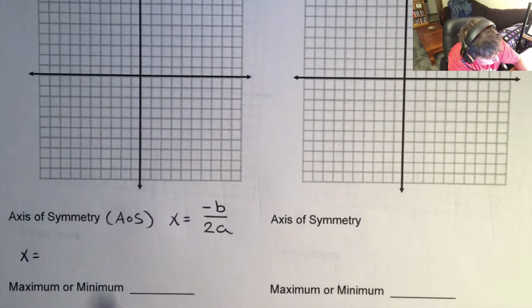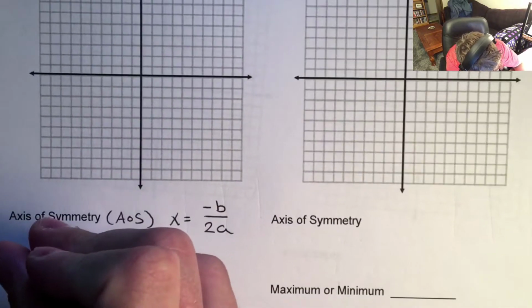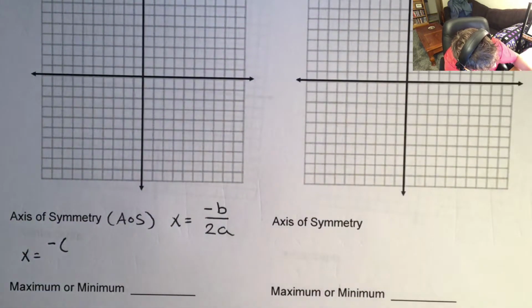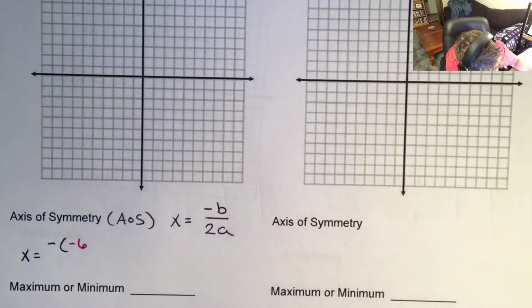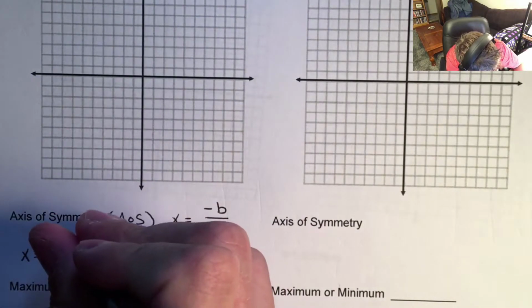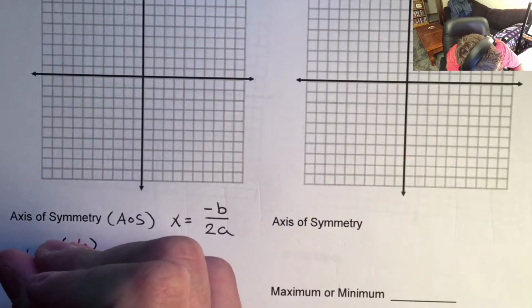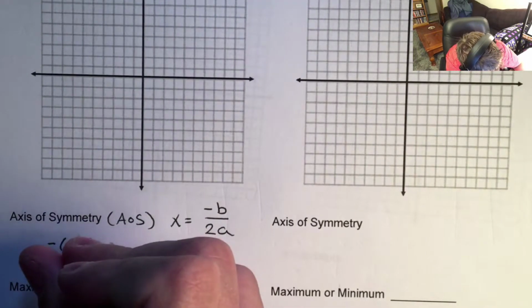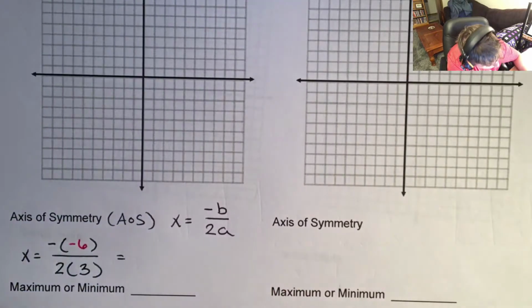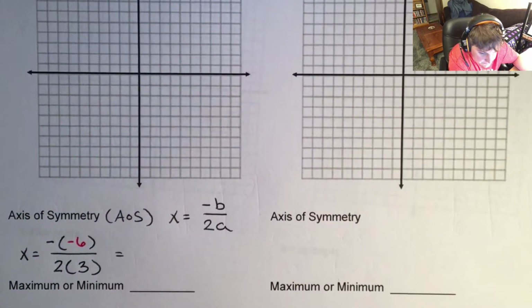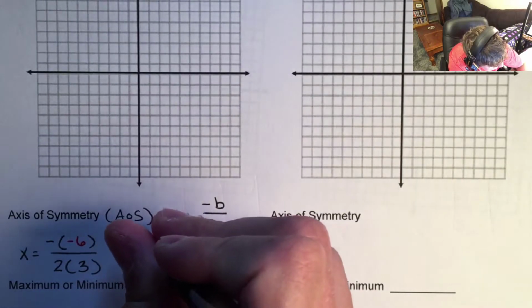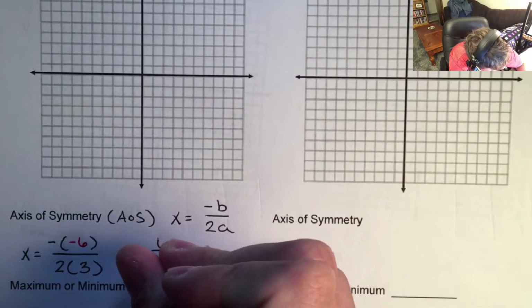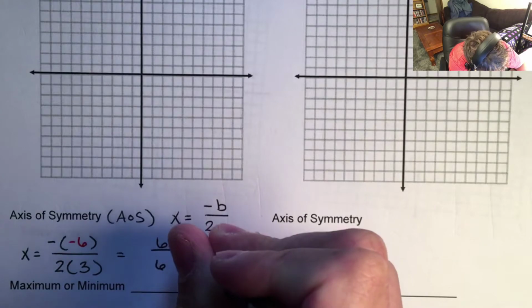So I want the opposite of b. Well, my b is negative 6. So the opposite of negative 6 here divided by 2 times a, which is 3. Okay, well, what is the opposite of negative 6? Okay, that is 6. 2 times 3 is 6. So this whole thing is equal to 1.